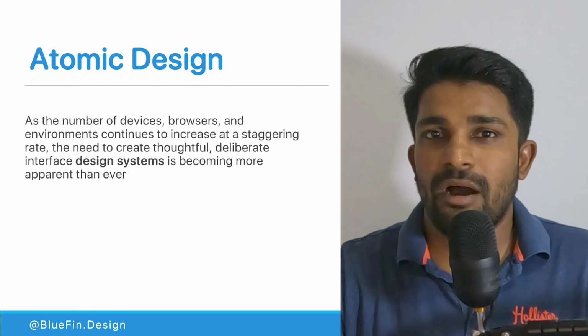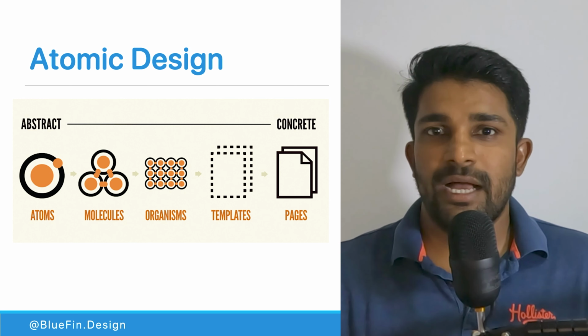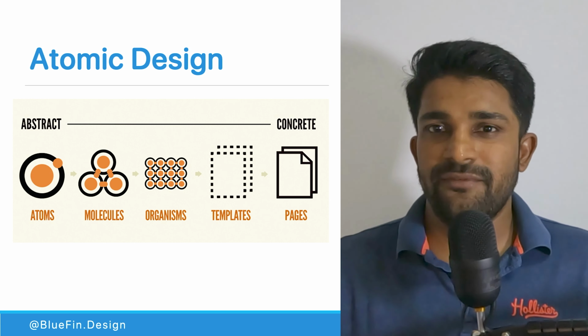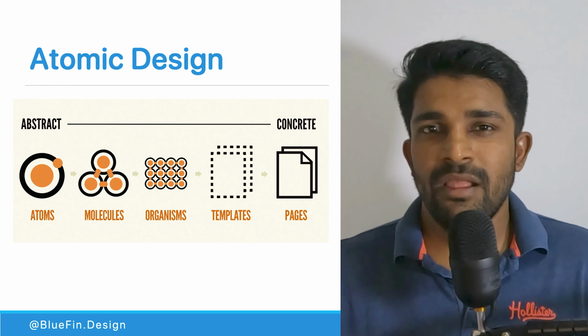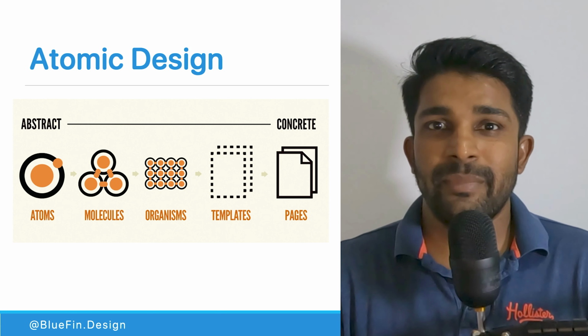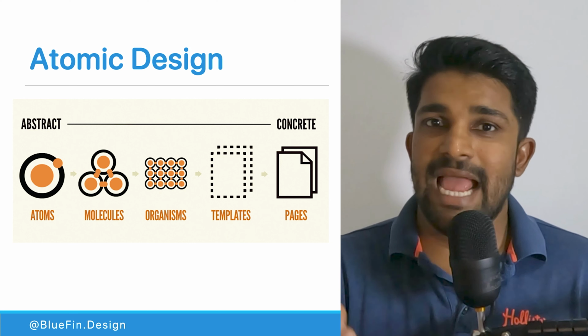What this atomic approach says is that we need to take an analogy from the chemical world, the periodic table, where the basic form of any element is the atom.